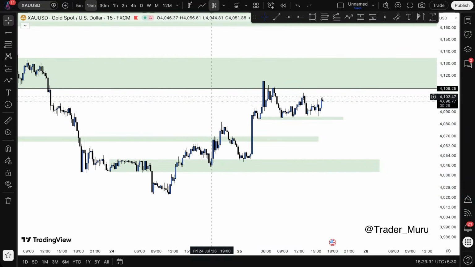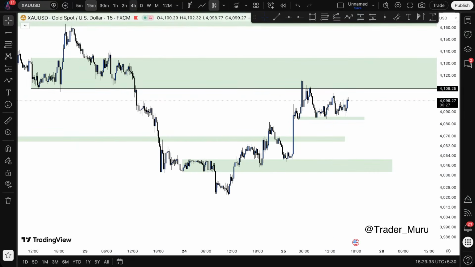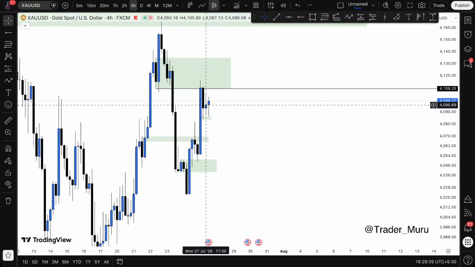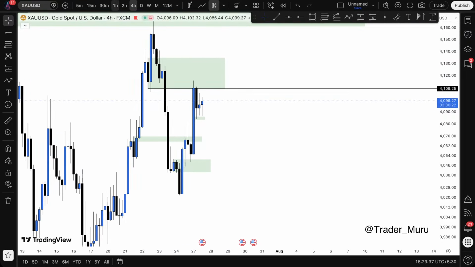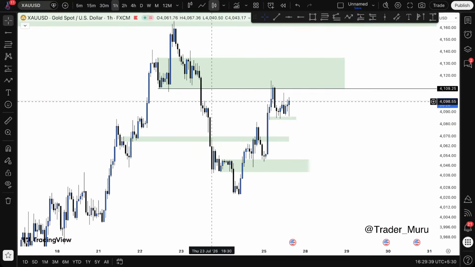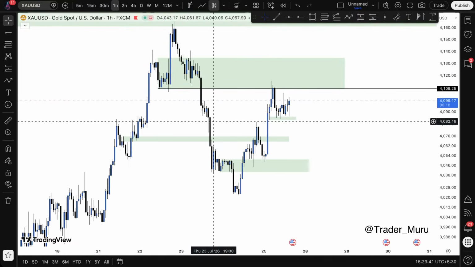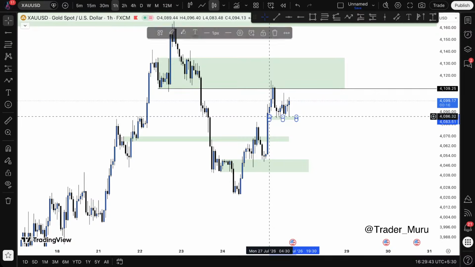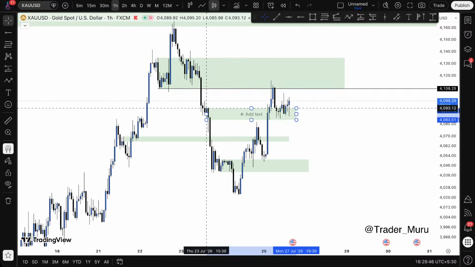Structure is bullish, and what we have here is exactly the same condition we had on Friday: supply above and demand below, this 1-hour demand. That's why price is continuously ranging here.